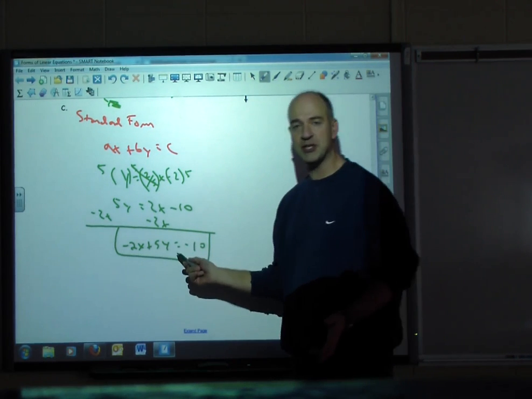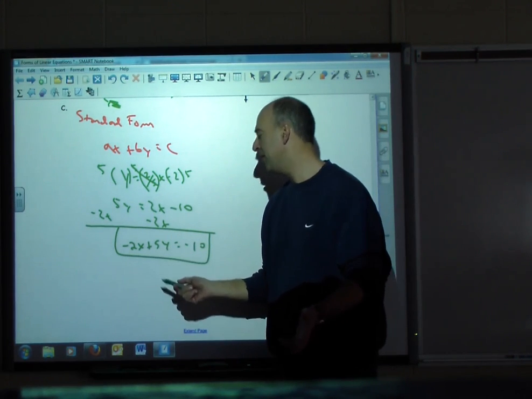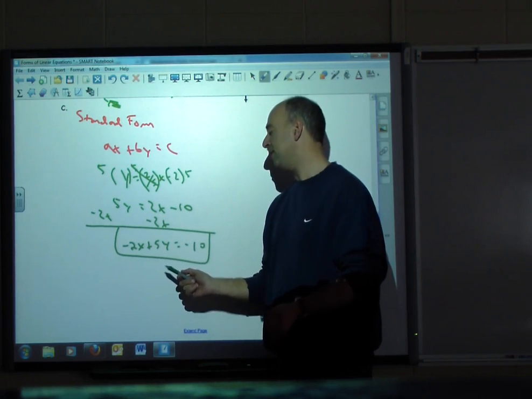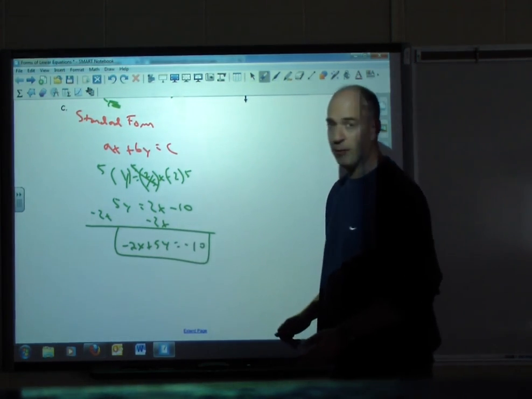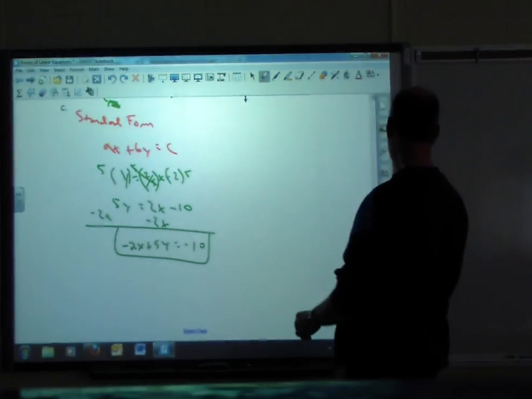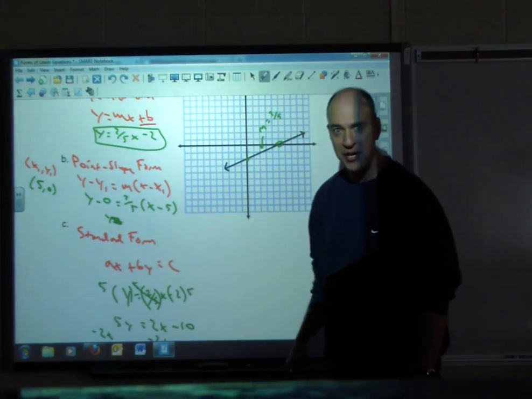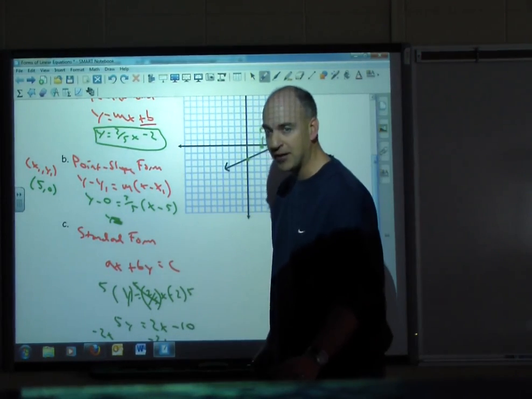Because you do not see a slope, you do not have a y-intercept apparent to you when it's in standard form. So it's definitely a different form, but I certainly would say you plug into slope-intercept or point-slope form, and you can certainly go into standard form without too much duress.